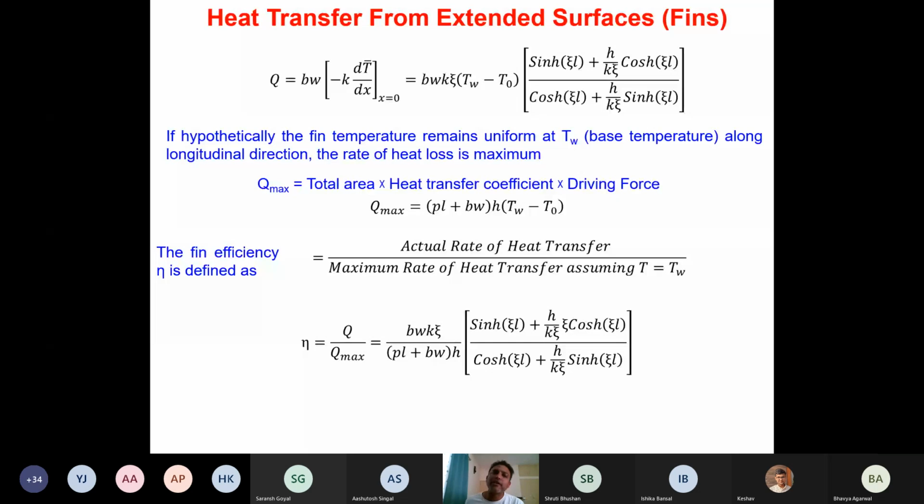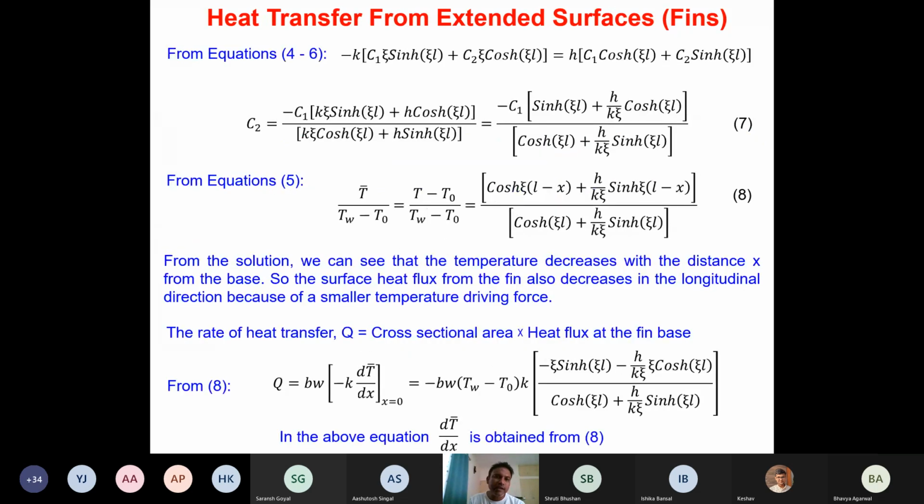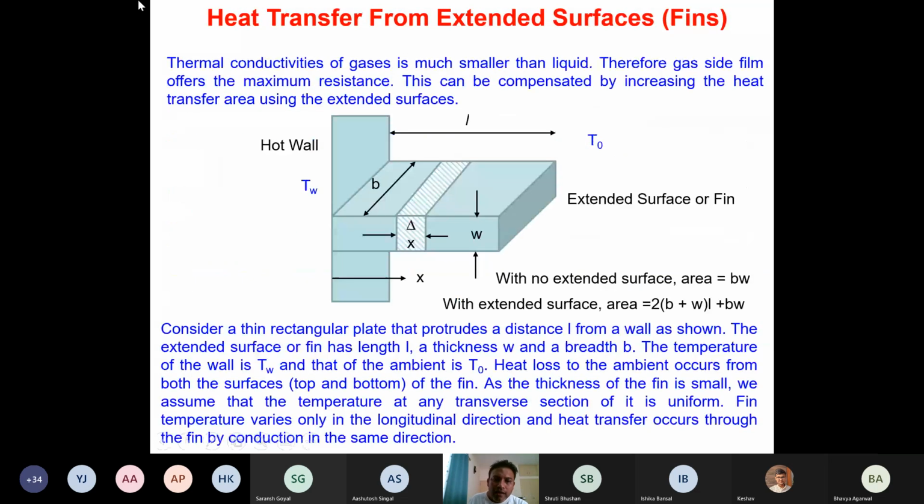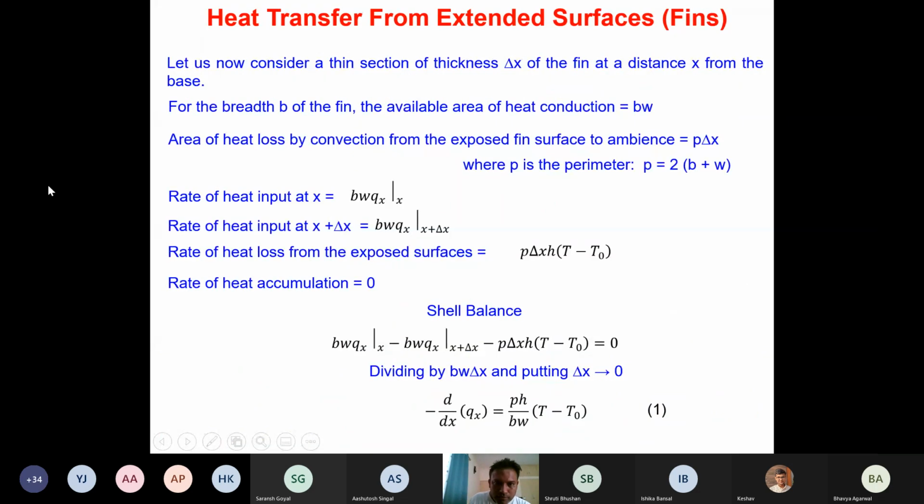So this capital Q is nothing but the amount of heat dissipated from the fin. The heat input by conduction at the base should be the same as the amount of heat dissipated by this entire fin. So that is nothing but Q. Okay.